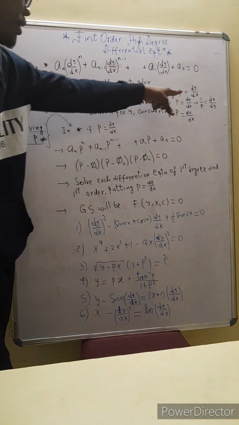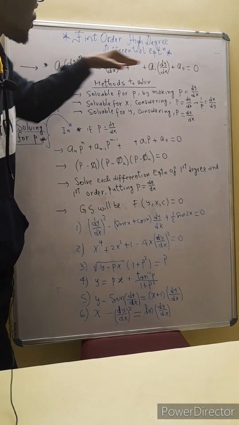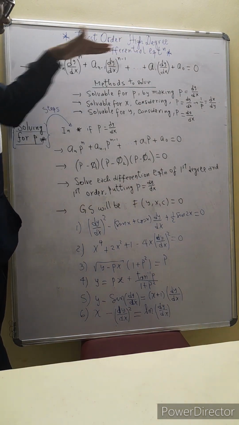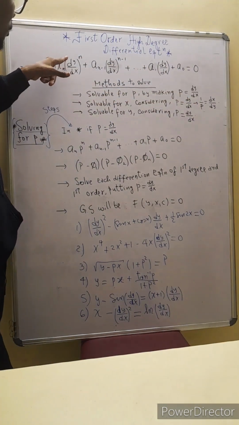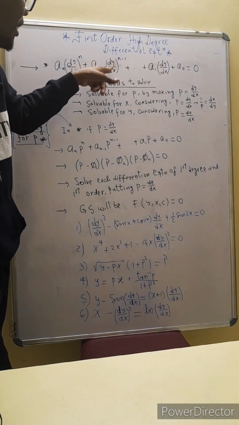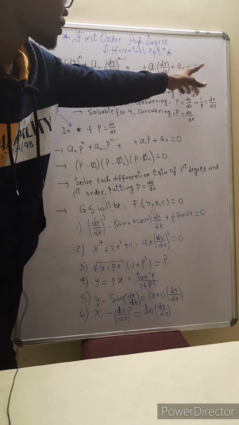So if you do this for the general first order high degree differential equation, just put p wherever there is dy by dx. What is dy by dx? This is p. Put p here, and p here, and so on.